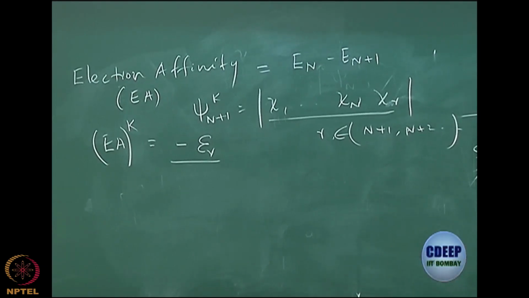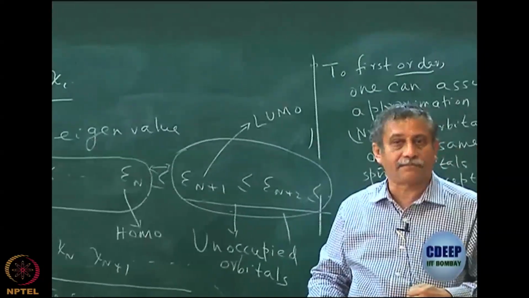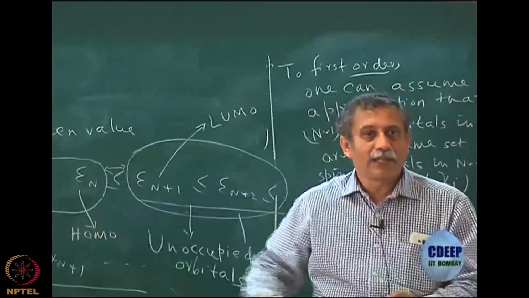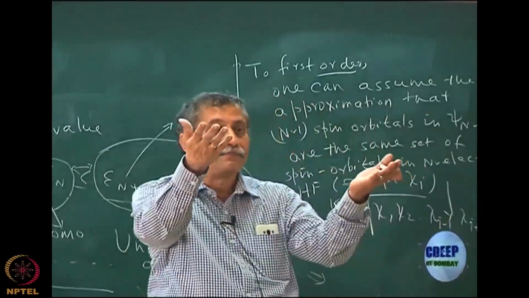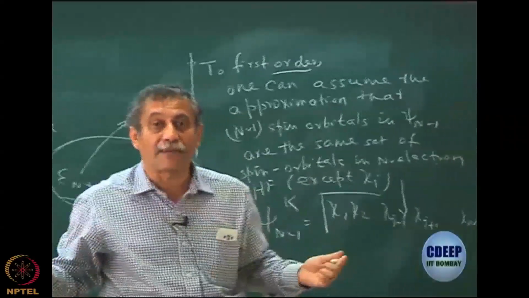Again, it is very interesting what I said. If this energy is negative, what is minus epsilon_r? That is positive. So electron affinity is positive. In a very simple way, you already know this. If the LUMO is negative, then you know that one can put an extra electron, and the electron affinity becomes positive.